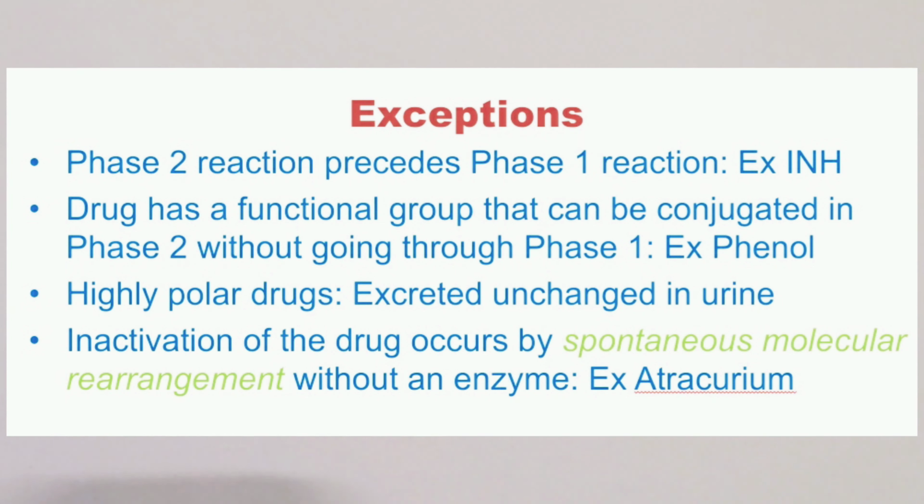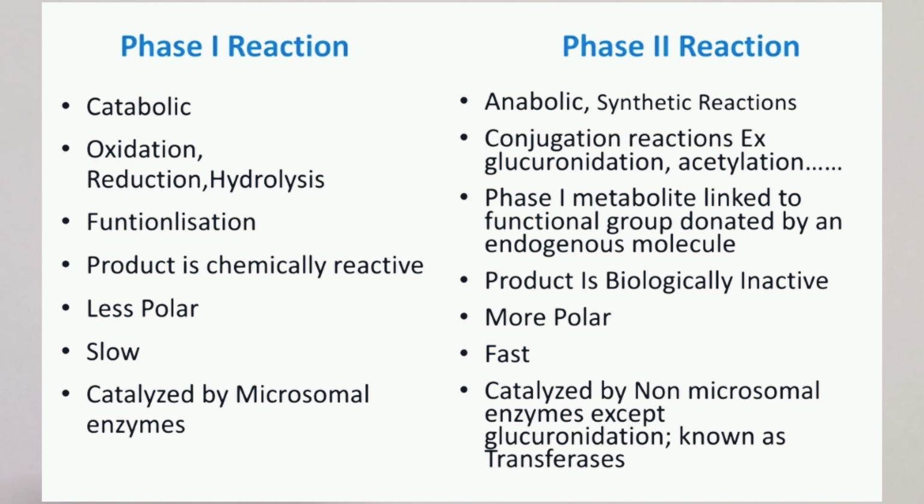So if we compare Phase I reaction with Phase II reactions, Phase I reaction includes catabolic reactions such as oxidation, reduction and hydrolysis. Whereas Phase II reaction includes anabolic or synthetic reactions. These reactions are also known as conjugation reactions. Example, glucuronidation, acetylation, methylation, sulfation and so on.